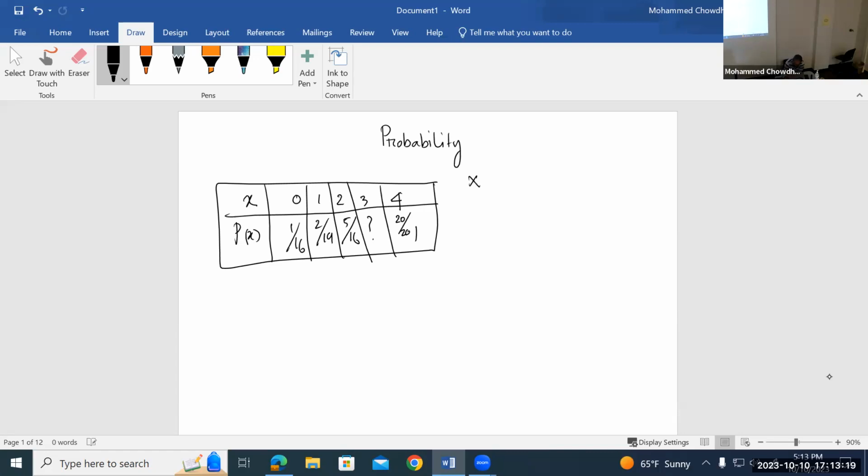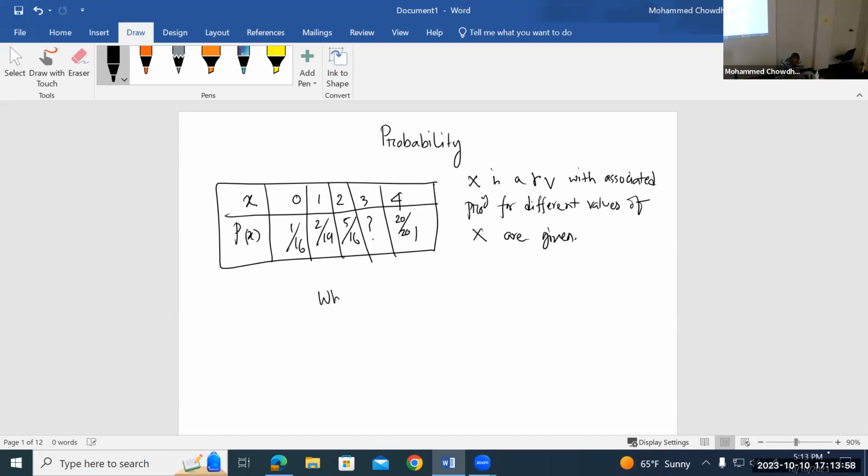This means X is a random variable with associated probability for different values of X given.